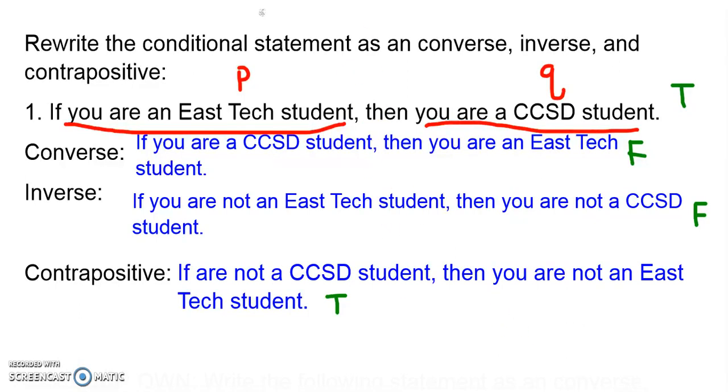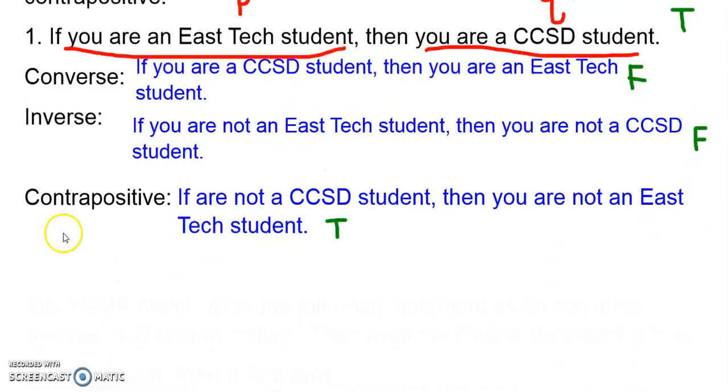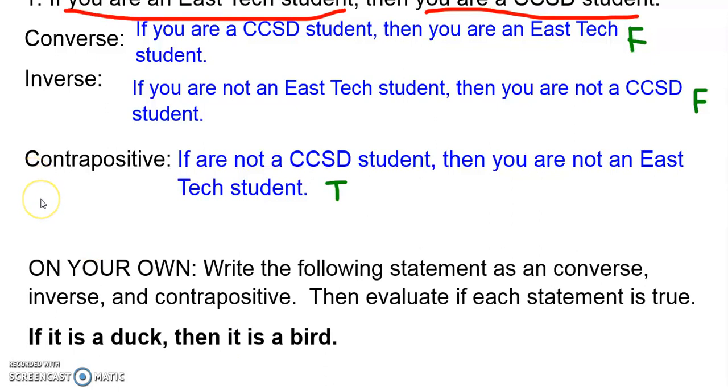So what I want you to do in the next example is exactly what I've done here. I want you to write the following statement as a converse, inverse, and contrapositive, and then I want you to evaluate if each statement is true. Remember, we're trying to look for a counterexample. That's what tells us that it's not true. So the statement that you'll be rewriting is, if it is a duck, then it is a bird.